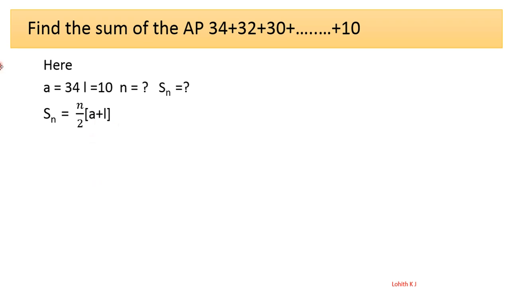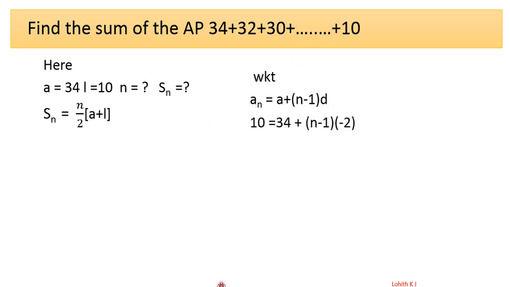To find the value of n, we have a specific formula, the general term of the arithmetic progression: an = a + (n - 1)d. We know the value of a, we can calculate d, and an is the nth term, that is 10.